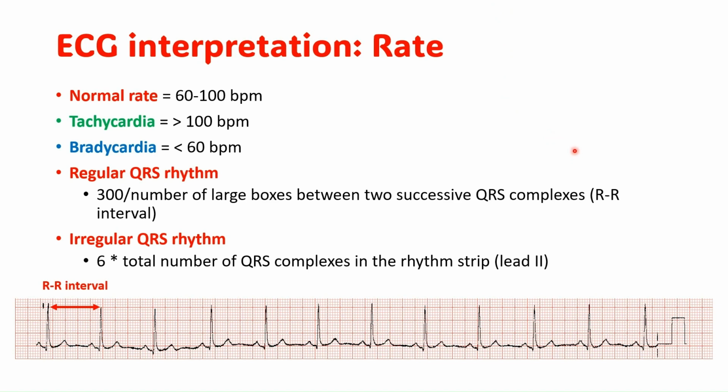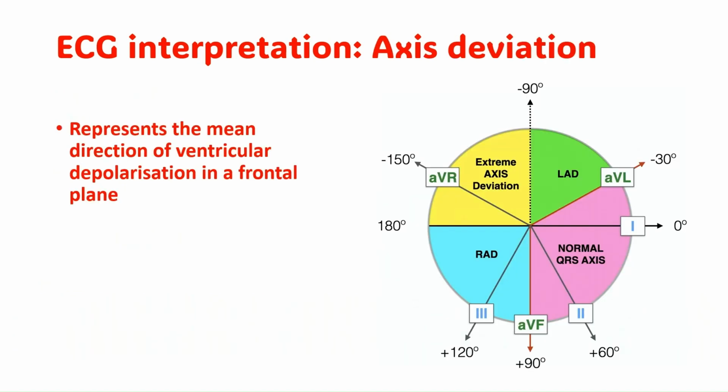Okay, so now let's talk about axis deviation. So what is the cardiac axis? The cardiac axis represents the mean direction of ventricular depolarization in a frontal plane. Okay, so in a frontal plane. A normal cardiac axis is between -30 to +90 degrees.